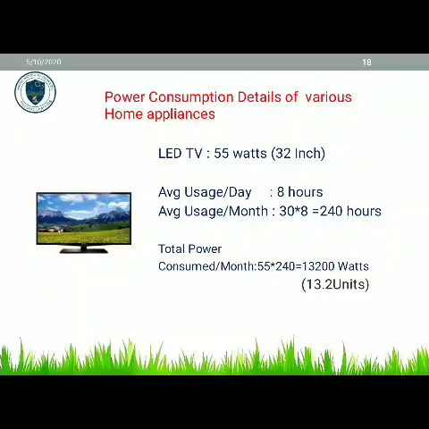Then LED TV. The power rating of the LED TV is 55 watts. The total power consumed per month is equal to 55 into 240, 13.2 units consumed by this LED TV.